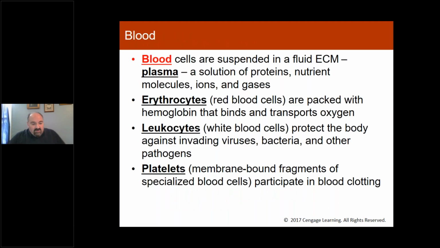Now, I said to you earlier today that blood is a fluid connective tissue, right? The plasma is the liquid portion of the blood where all of these cells will travel through. So we're looking at red blood cells, white blood cells, and platelets, or erythrocytes, leukocytes, and thrombocytes.